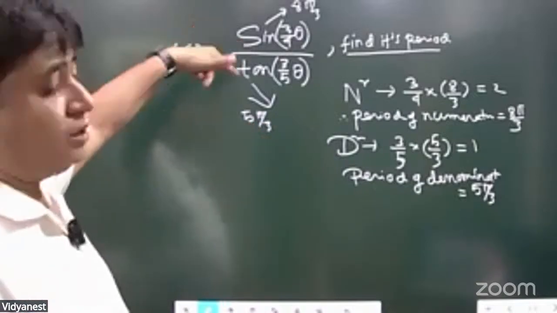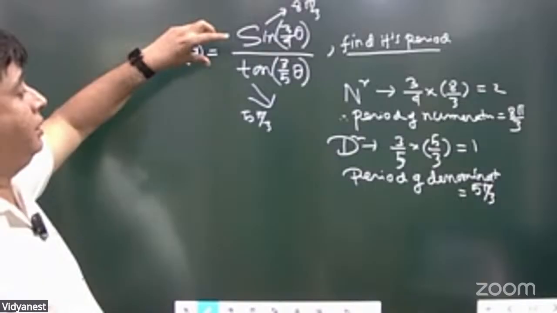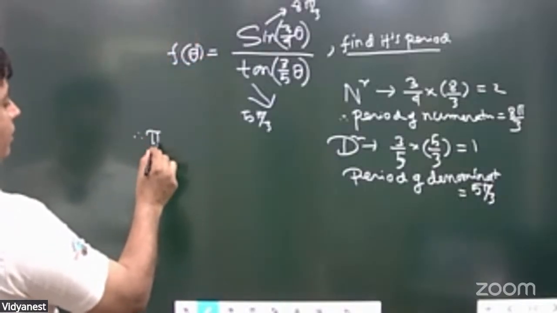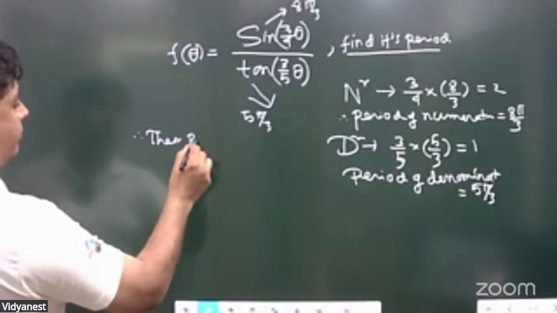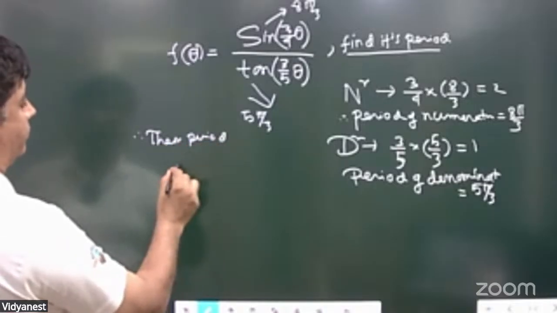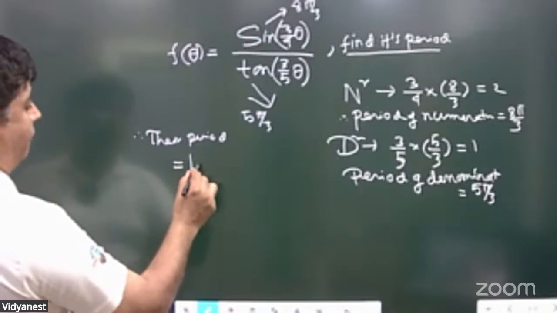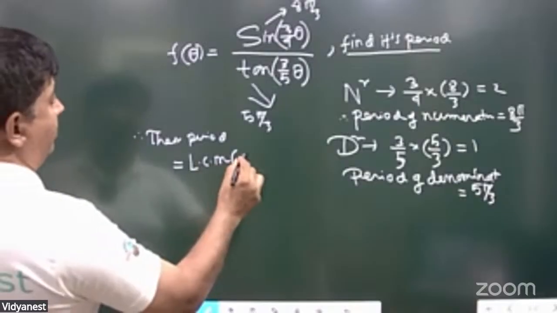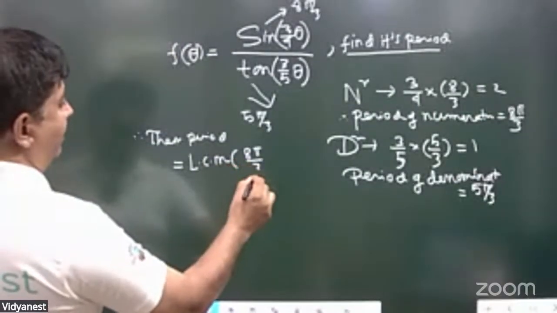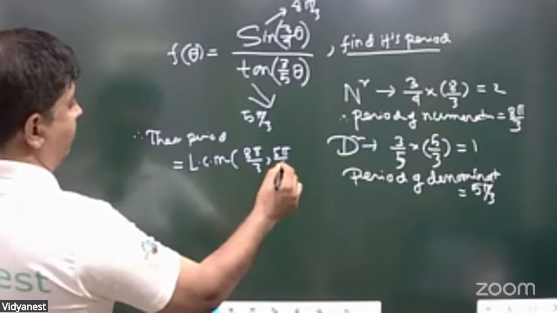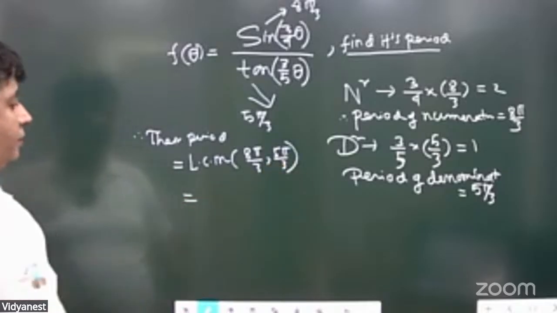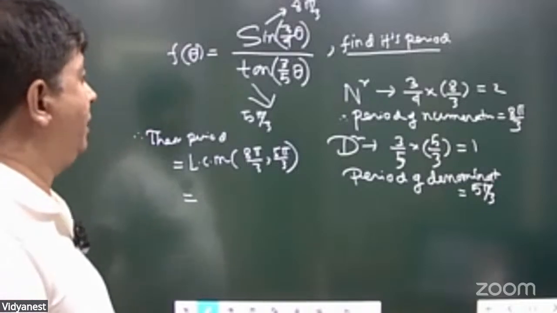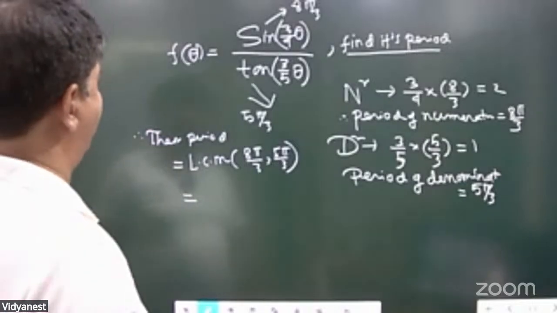But these two functions are in division form. So their common period is the LCM of 8π/3 and 5π/3. Okay? LCM of 8π/3 and 5π/3.